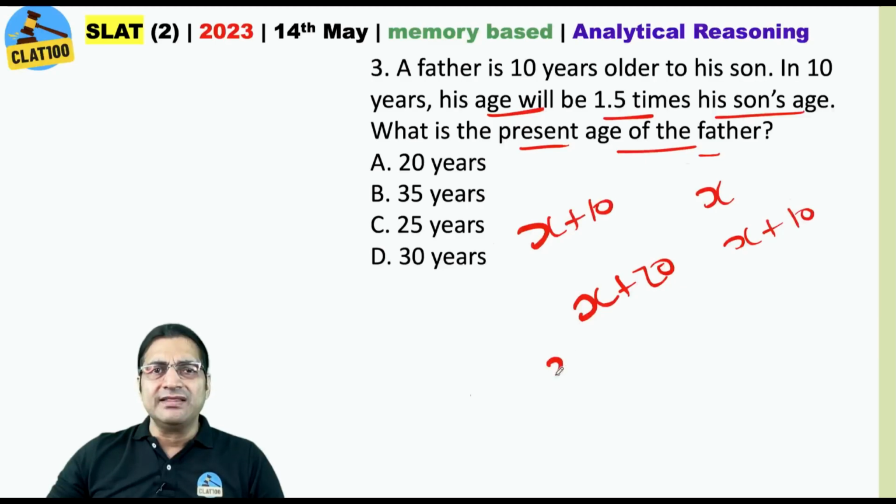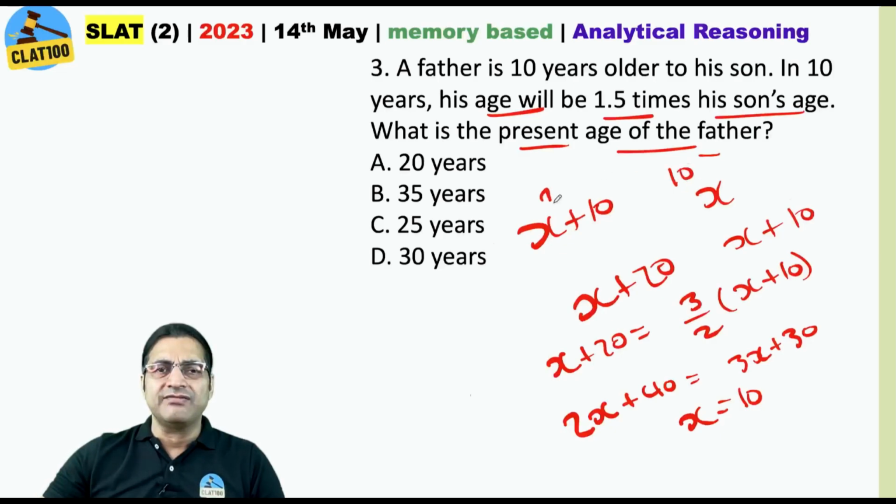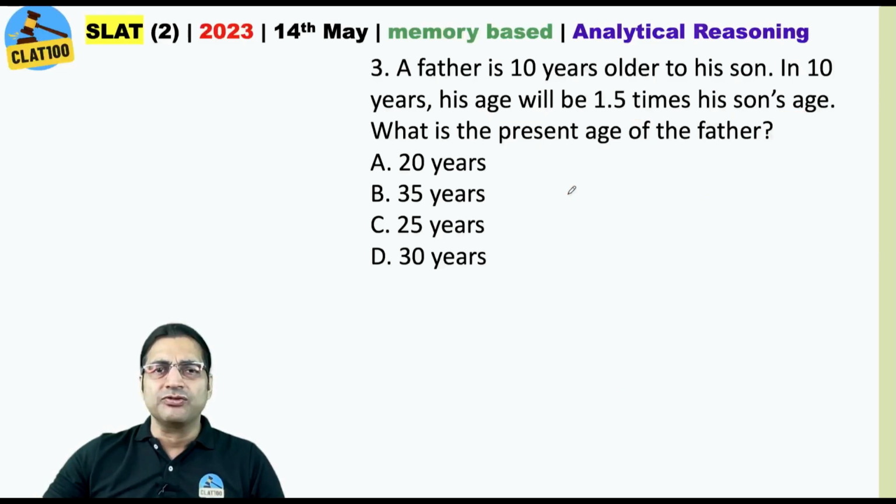And this is given that x plus 20 is 1.5 times, is 3 by 2 times x plus 10. Alright. So 2x plus 40 is equal to 3x plus 30. Right. This gives you x equal to 10. If x is 10, the son is 10 years of age and the father is 20 years of age. So the present age of father is 20 years.